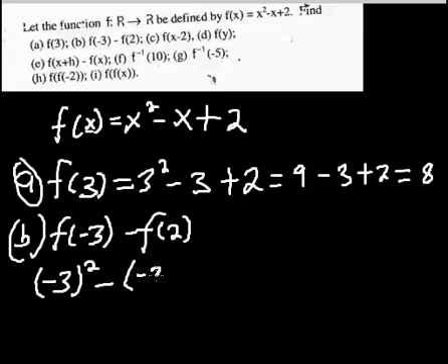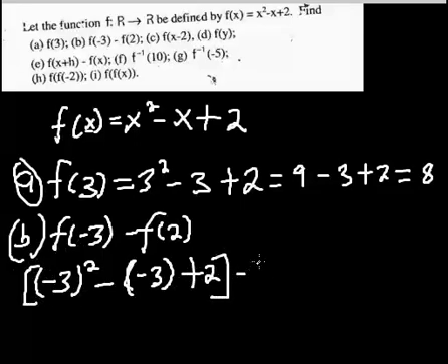Don't forget to always apply brackets anytime whatever you are substituting has a minus, so that when you want to simplify, you will not end up having a wrong answer, right? So then plus 2. All right, so this is for f of minus 3.